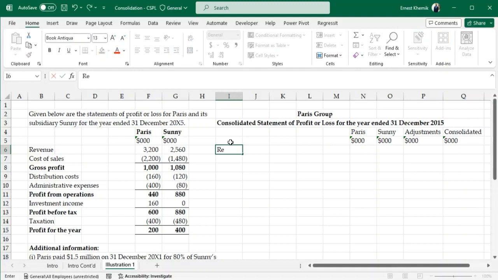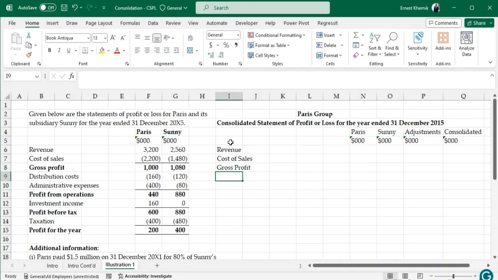So we have revenue, we will have our cost of sales, we will have gross profit, we will have distribution costs, we will have administrative expenses.